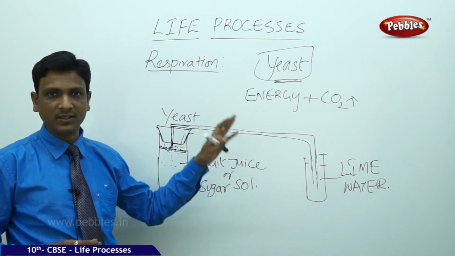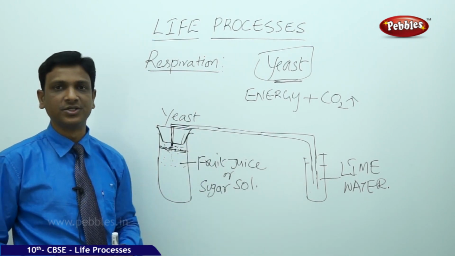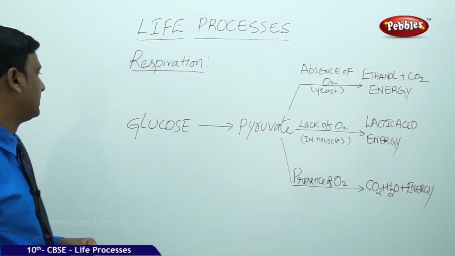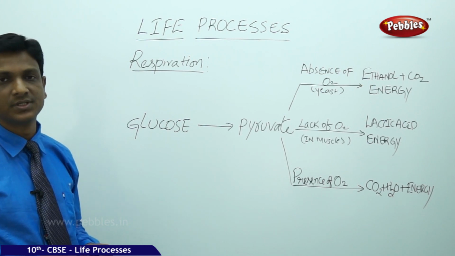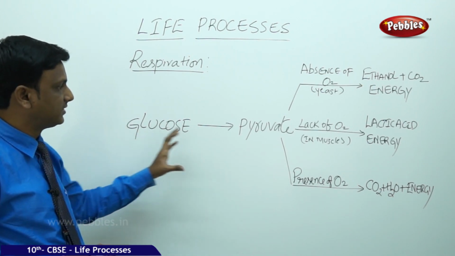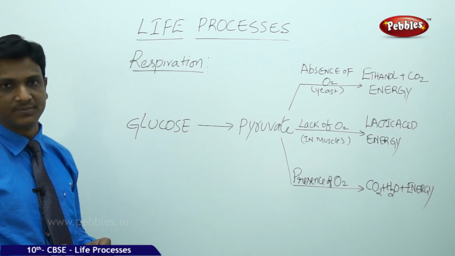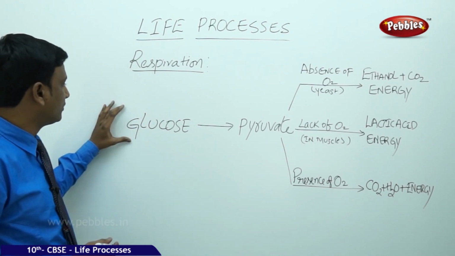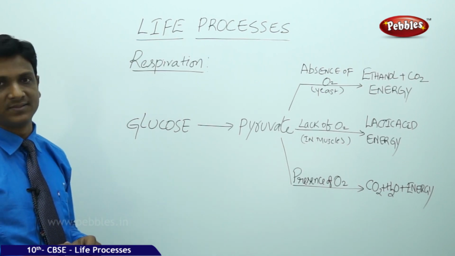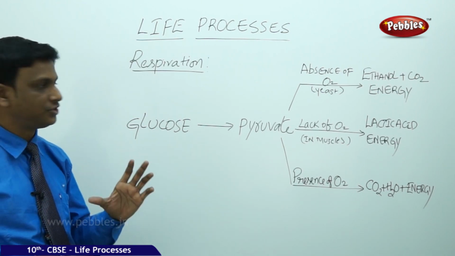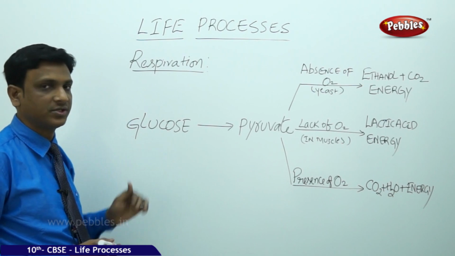Now let us see the different stages of cellular respiration, and how the energy is liberated from glucose. Basically the glucose is supplied to the cells. In the cytoplasm of the cell is the location at which the primary part of this reaction takes place.